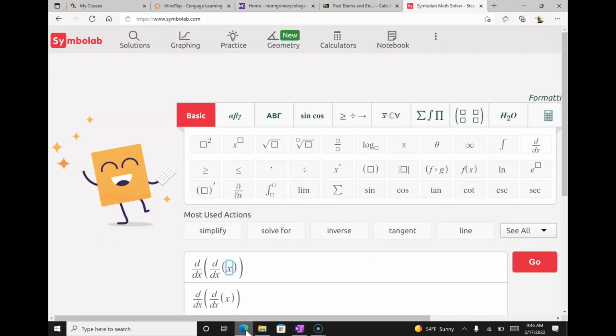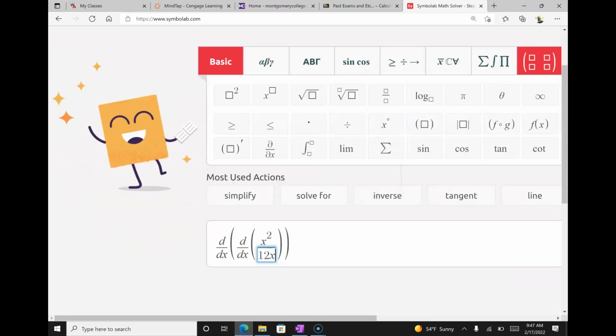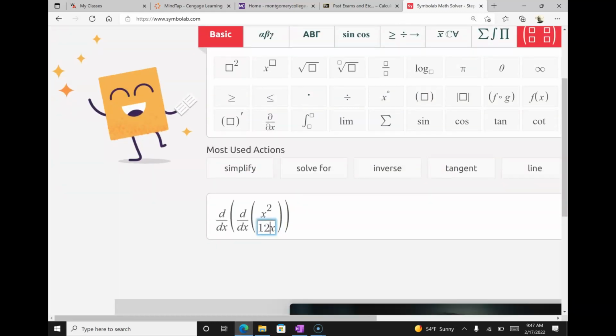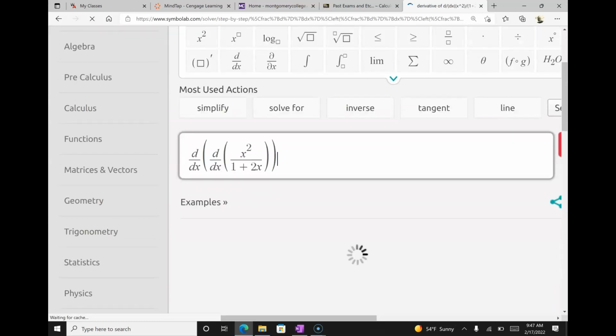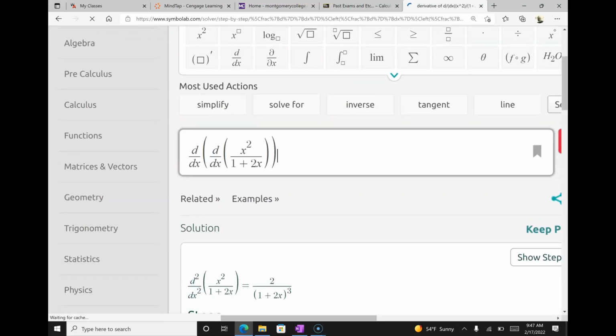So x squared divided by 1 plus 2x. Here we go. There it is.